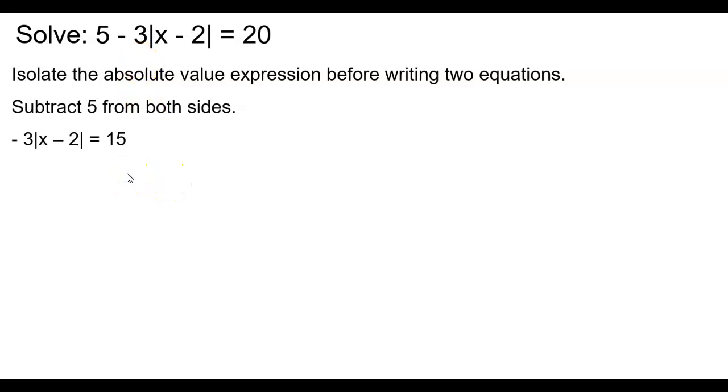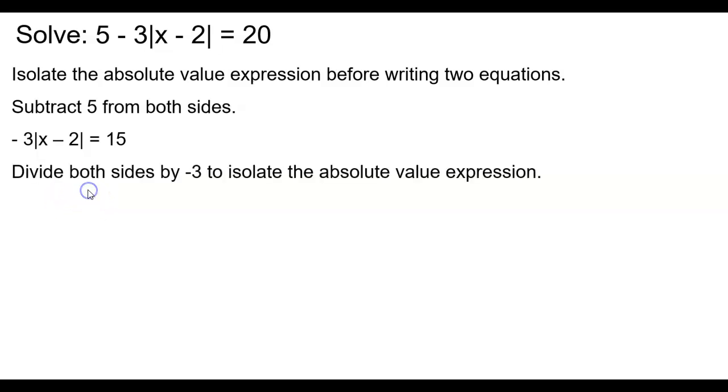That leaves us with -3 times the absolute value of x minus 2 equals 15. Next, still isolating the absolute value expression, I divide both sides by -3. That leaves us with the absolute value of x minus 2 equals -5.